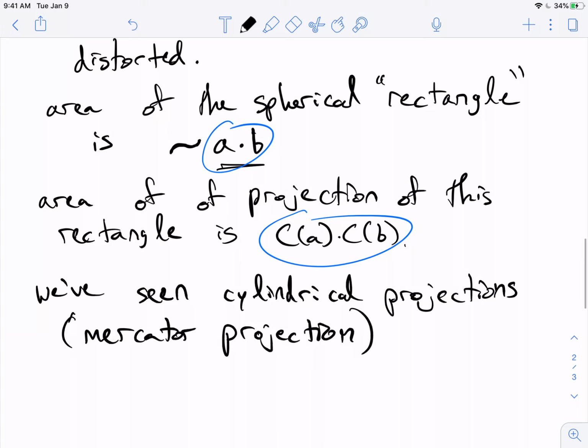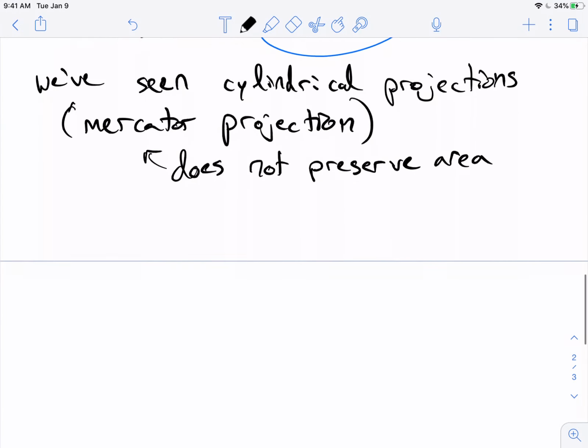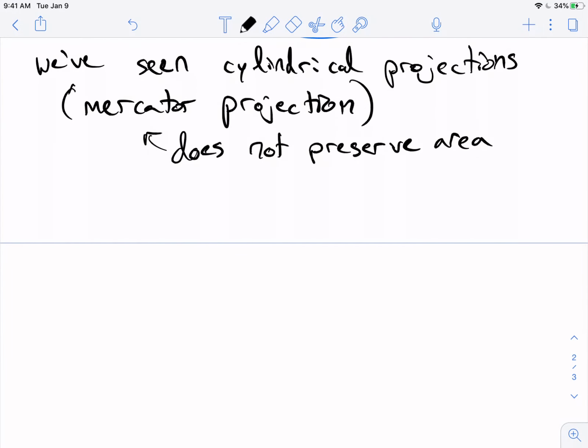And as you probably learned in elementary school, this projection does not preserve area. In particular, it distorts things more and more the further you are from the equator. And that's why on that map, like Greenland looks really big, Antarctica looks larger than the rest of all the land masses combined, because you're distorting the closer you are towards the poles.